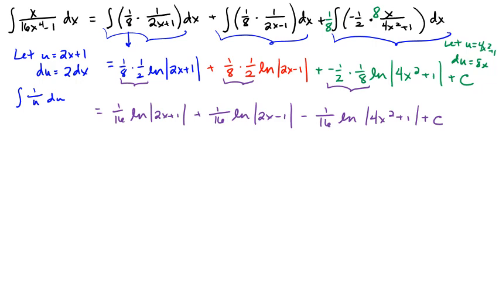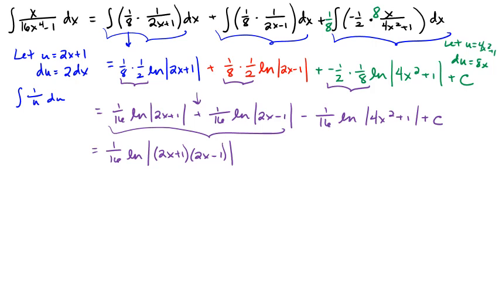Okay, a couple things. Since these have the same base and they are being added, we can combine these two as the natural log of 2x plus 1 times 2x minus 1 using properties of logarithms, minus all this.